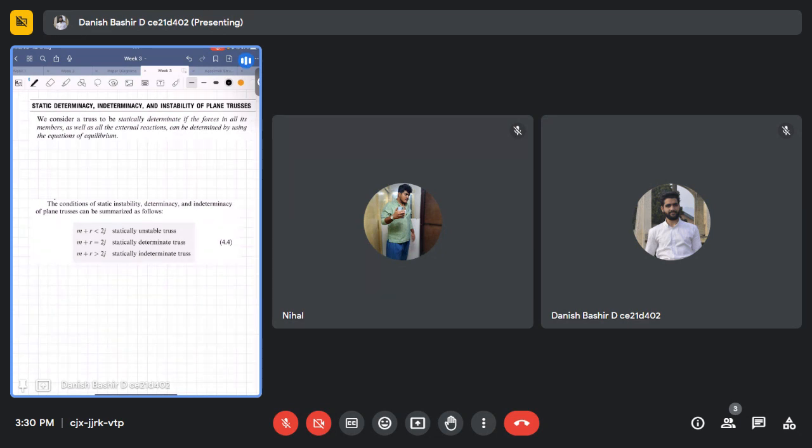If M plus R is less than 2J, it is a statically unstable structure. If M plus R is equal to 2J, it's statically determinate. So we can compute all the reactions with the help of the equilibrium equations, summation Fx equals 0, summation Fy equals 0.